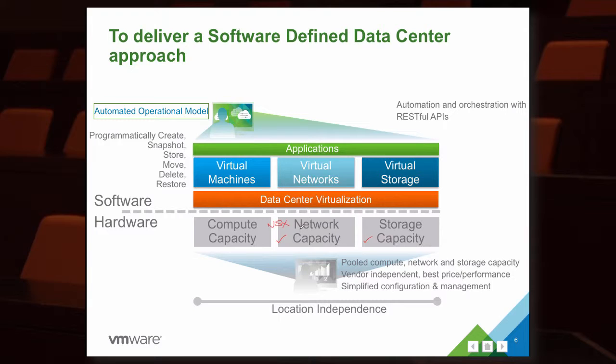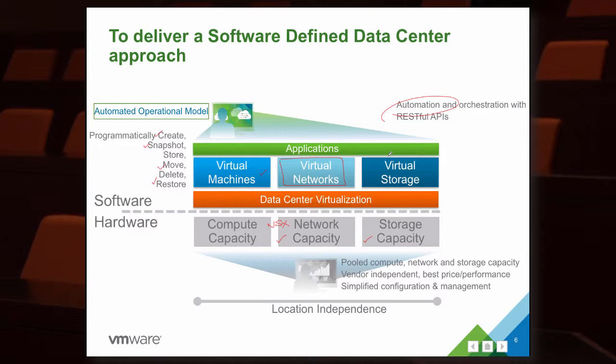And with NSX, we're able to not just have virtual machines, but to have virtualized networks. Virtual networks that are capable of doing the same things virtual machines can. We can create them programmatically, snapshot, restore, move them, store them efficiently, and build in automation and orchestration with not just the machinery, but also the networks and the storage.